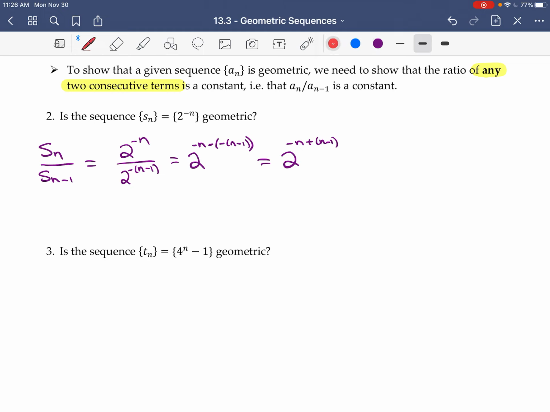Then the n and minus n cancel, so I get 2 to the 1, which is 2. Now this is a constant. So that's going to be my common ratio, R. Because that's a constant, the sequence of Sn is a geometric sequence.